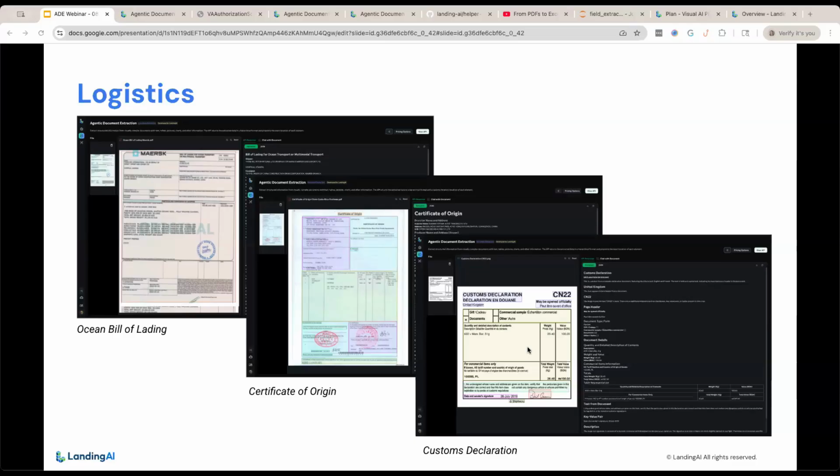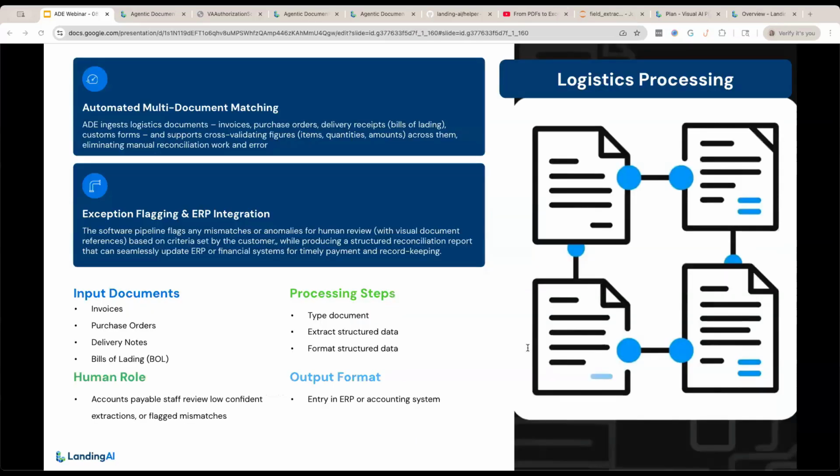So the complexity of ensuring those vendors are paid on time is quite challenging, and that's really where an intelligent document processing solution is required. Here we see that same setup where you have a variety of different document types as the input.